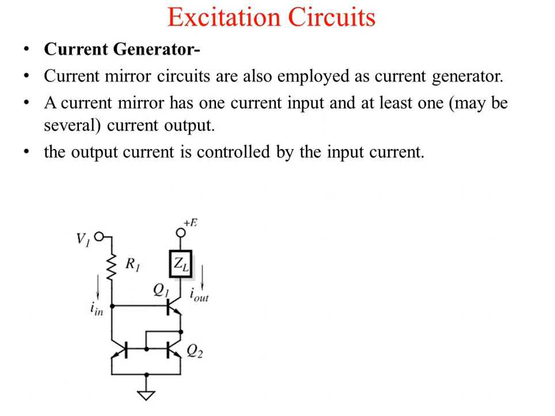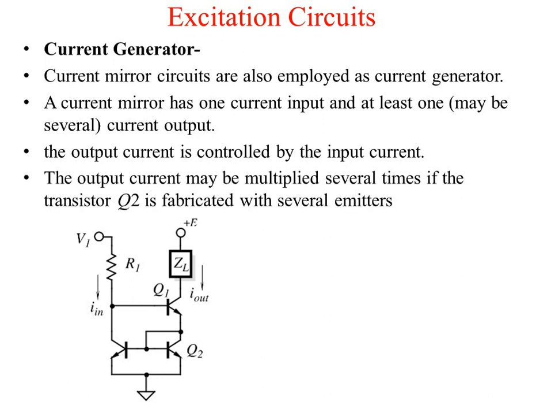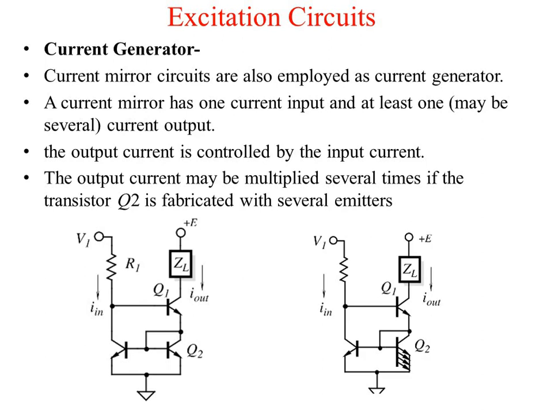And if you want to multiply the current, then in that case this Q2 should be manufactured with several emitters. So you will get a current multiplication. So Q2 is replaced with a multiple emitter transistor, and you will get a multiplication.